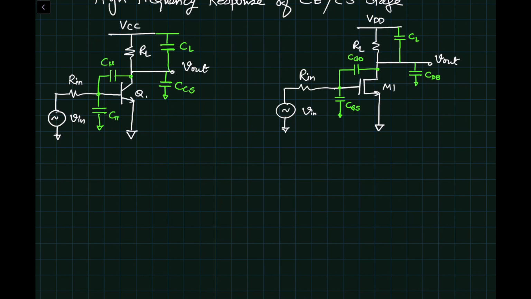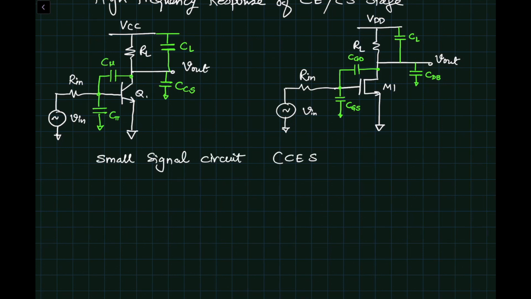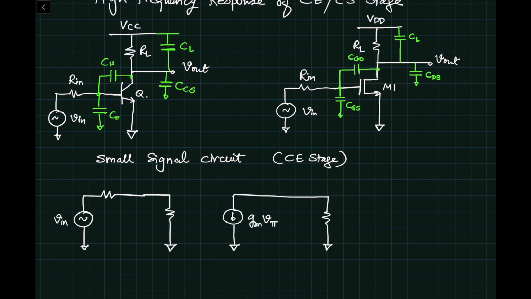For the small signal circuit of the common emitter stage, I would recommend you draw it on your own first and then insert the capacitances in the picture. In this case, we are assuming that Rout is much greater than RL, and hence we are ignoring it.